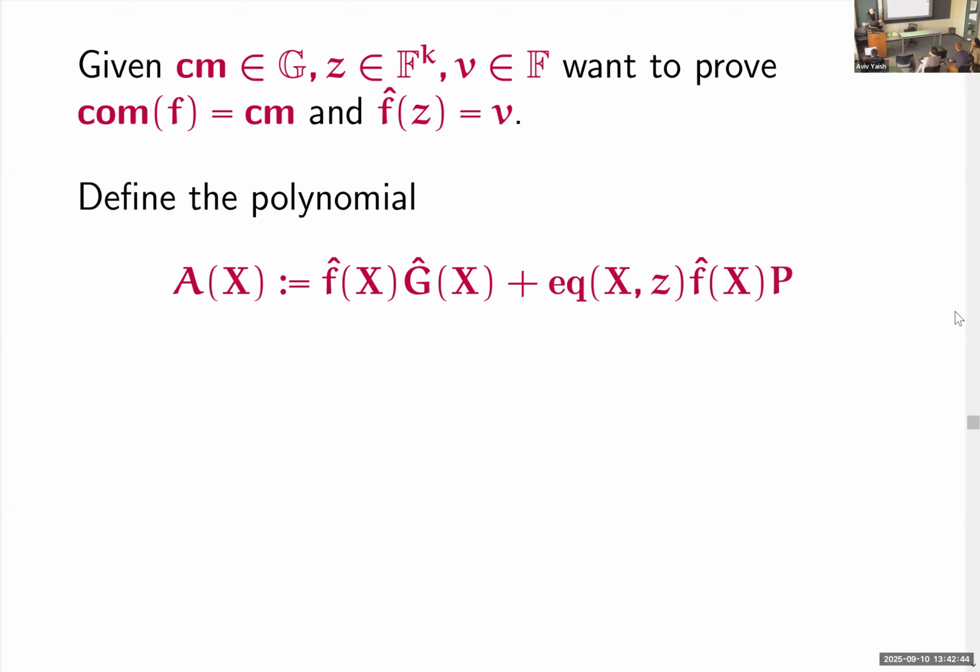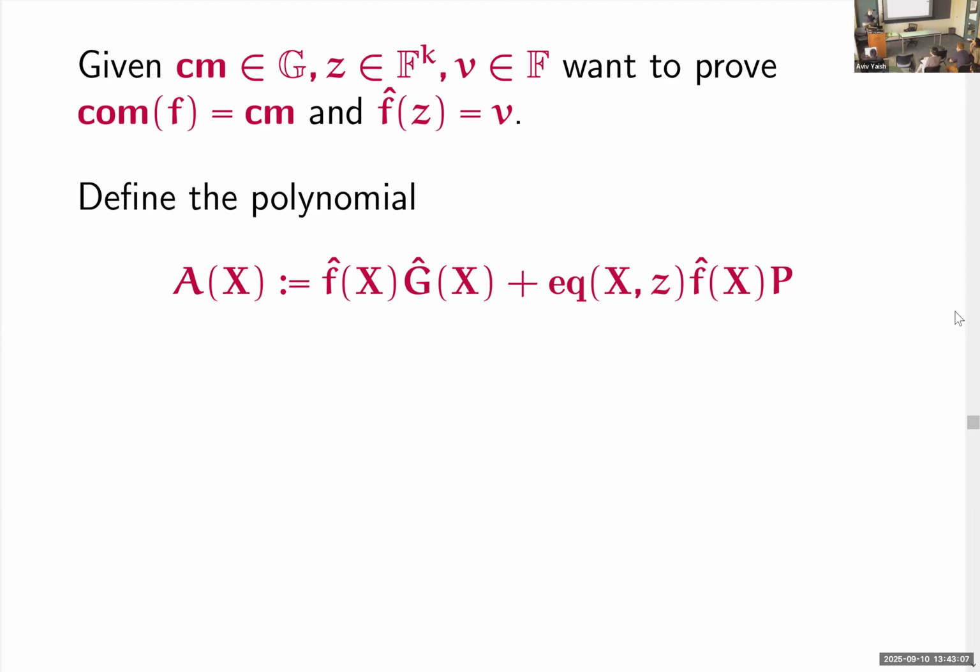So this is G hat. We're looking at the polynomial f hat times G hat plus EQ(x, z), fixing the second argument of EQ to z, times f hat(x) times P.